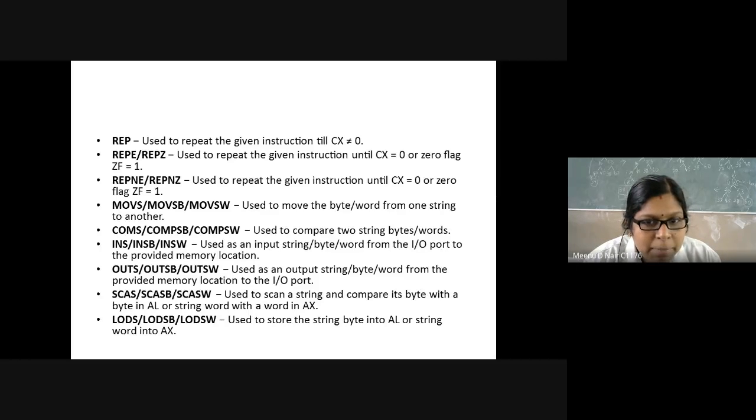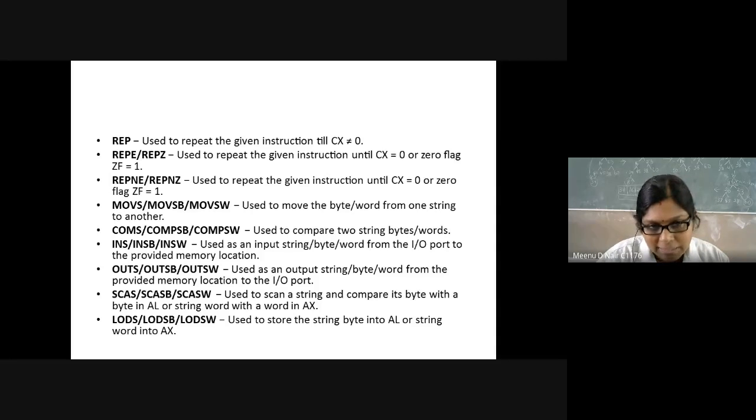Then INSB, INSW. IN means input string from the input output port to the memory location. That means your processor is going to read, that is the IN command. Whatever is there in your input output peripheral devices, the processor is reading, so you are taking the data. And OUT means it is string data, but you are sending it to output devices.